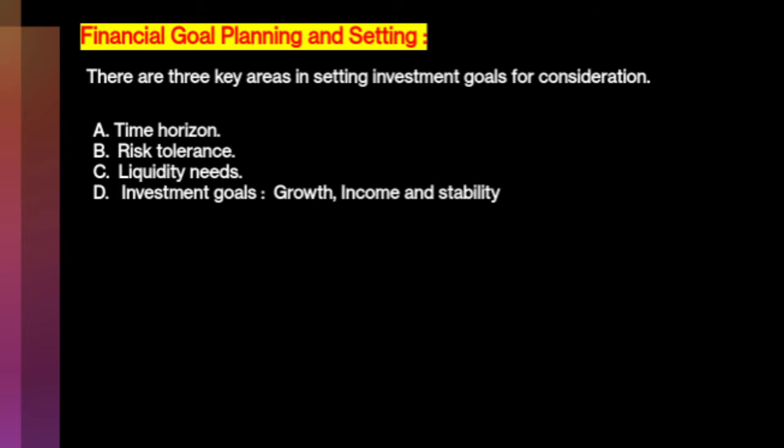Number 2, income, of which some investments make periodic payments of interest or dividends that represent investment income and can be spent or reinvested. And 3, stability, also known as capital preservation or protection of principal.